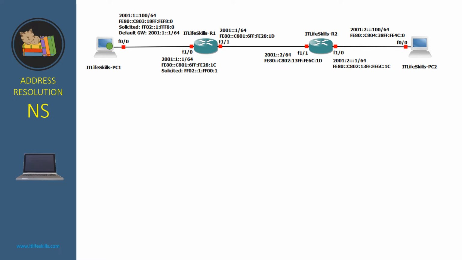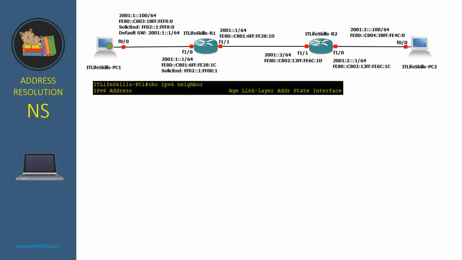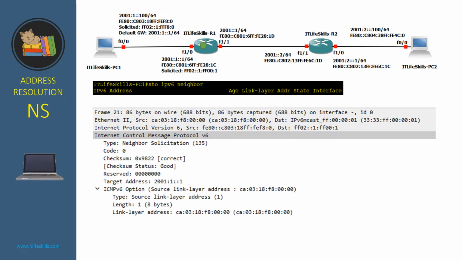To get the MAC address, PC1 first checks its NDP table, but the NDP table is currently empty. Therefore, it must send the neighbor solicitation message to find the MAC address.